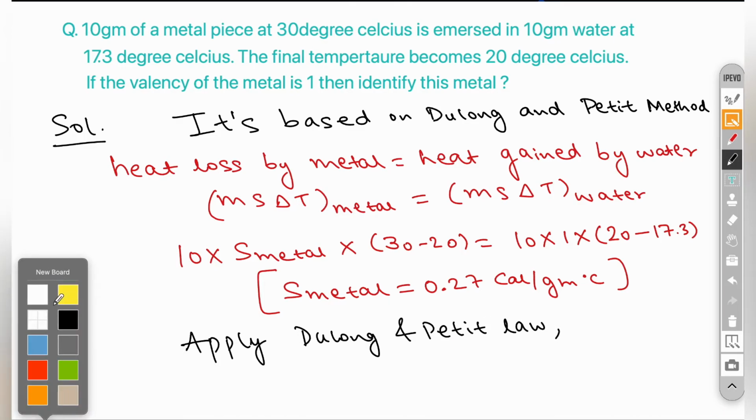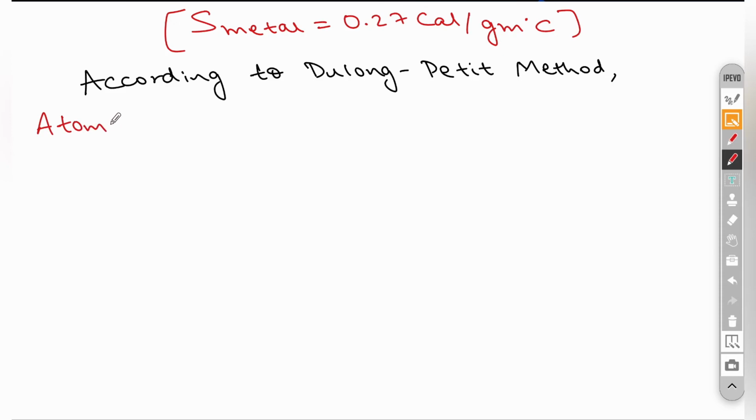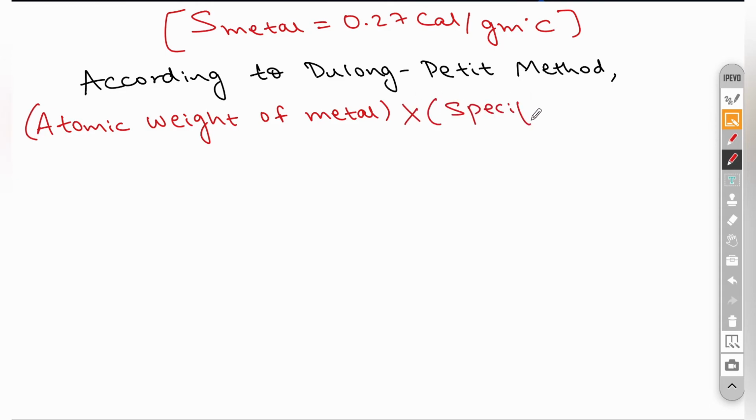We'll apply on next page. So we had S metal equal to 0.27 calorie per gram degree Celsius. Now according to Dulong and Pettit method, we'll write the formula: atomic weight of metal multiplied by specific heat capacity, which will be in calorie per gram degree Celsius.